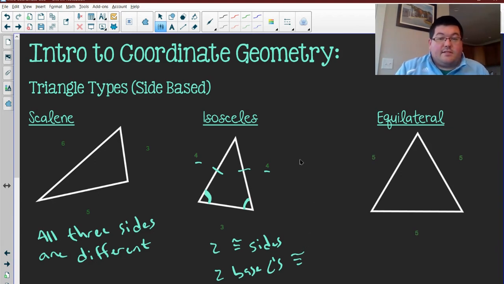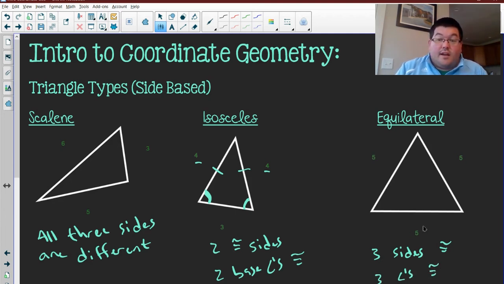All right, so lastly here, we've got the equilateral triangle. Here is a pretty simple representation. Equilateral, equal sides, right? So all three sides are congruent. And what that's also going to mean, right, is that all three angles are congruent.